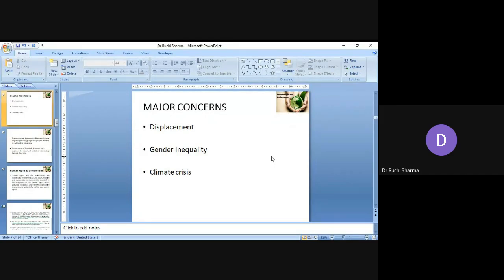Most people are being displaced from forest areas or hilly areas, and this displacement makes them more vulnerable and affects their rights.